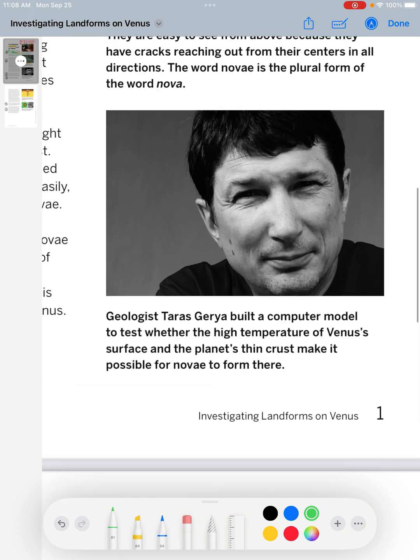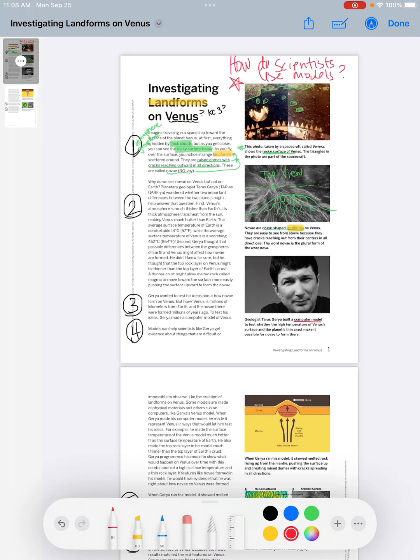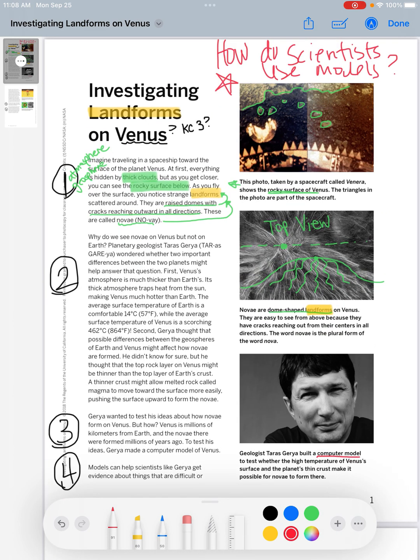The last picture right here says geologist Taras Curia built a computer model. Guess what? Boom. I'm going to switch this to red, and I'm going to say computer model. And do you remember up here with my question, I said I'm going to put a star next to the things that can answer this question?